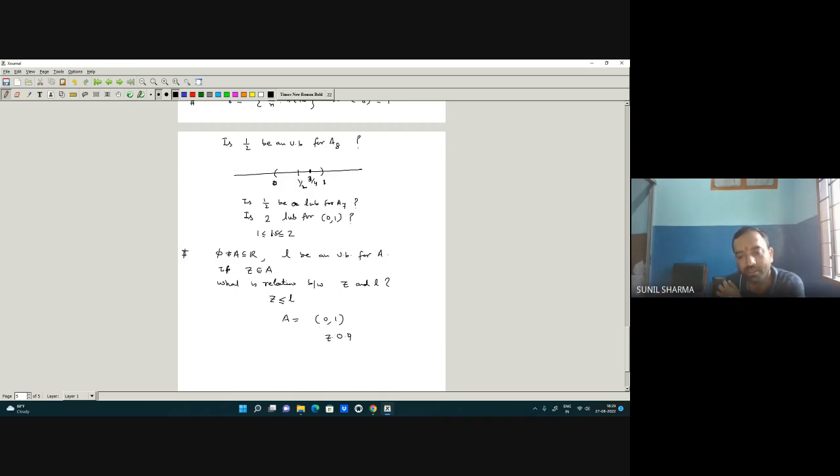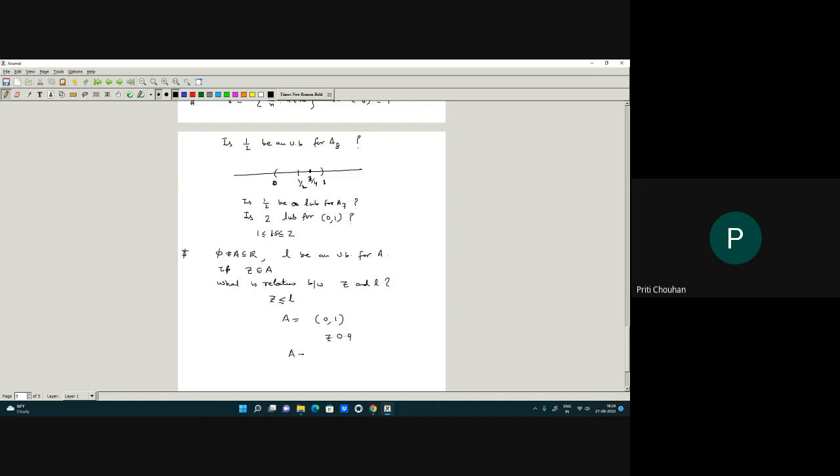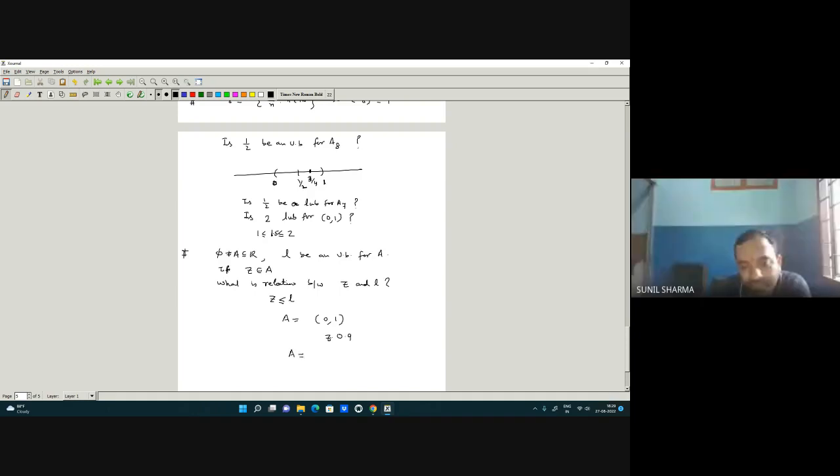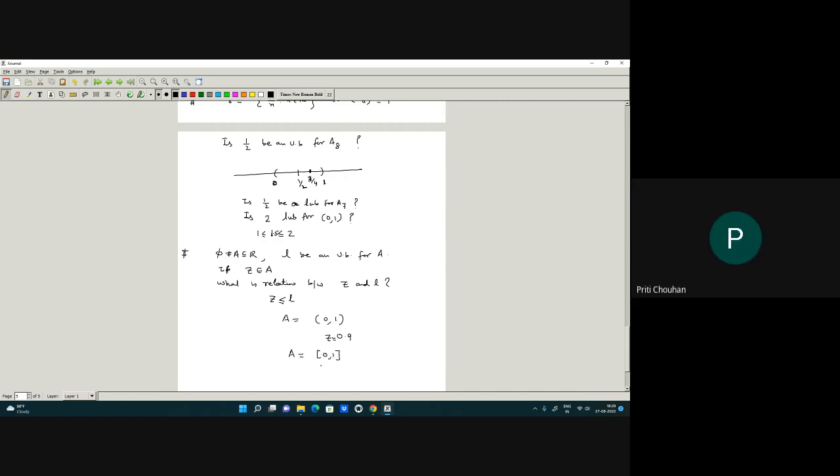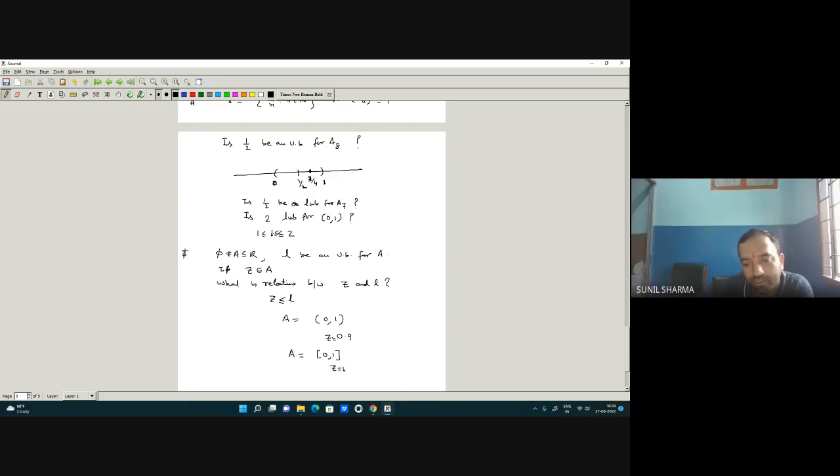Z is less than L. But if my set is the closed interval 0, 1, then what is the upper bound for this set A? 1, sir. And if I take Z equal to 1, this 1 belongs to A.